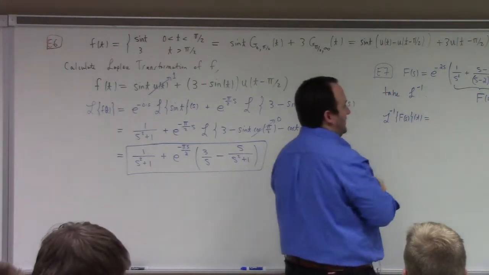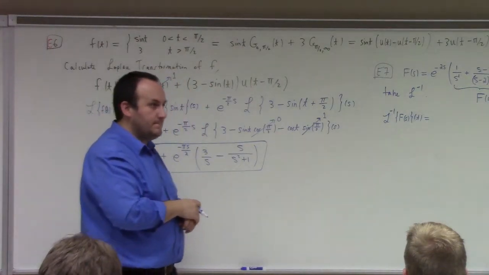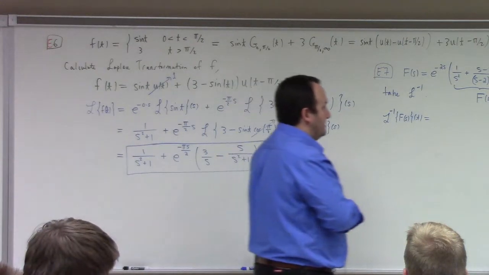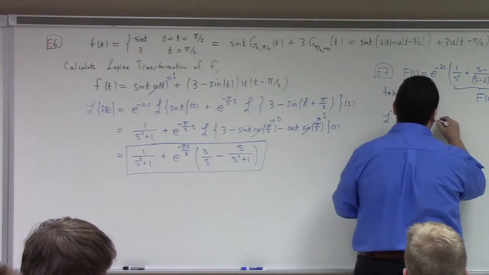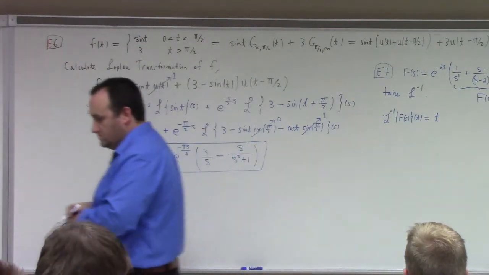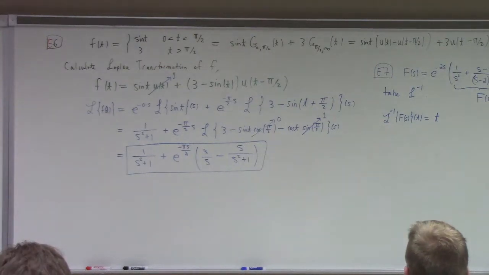What's the inverse Laplace transform of 1 over s squared? Is it t? This would probably be worth adding to your sheet because it's kind of hidden in items 1, 2, 3, 4, 5, 6.